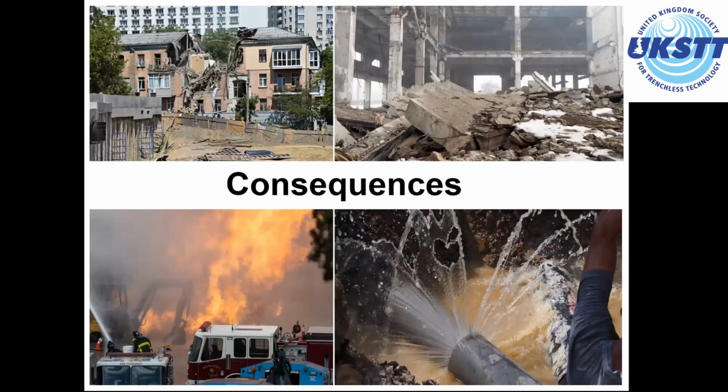So off the back of using all that equipment, we get a greater accuracy than not doing anything at all. The consequences involved with not carrying out a utility survey can range dramatically from gas strikes, gas explosions. As you can see, top left, there was a gas explosion.